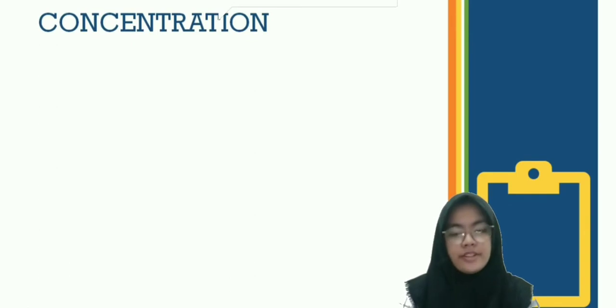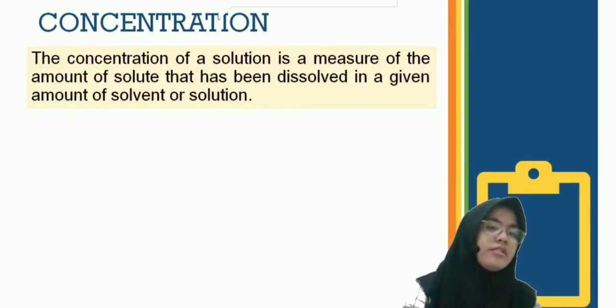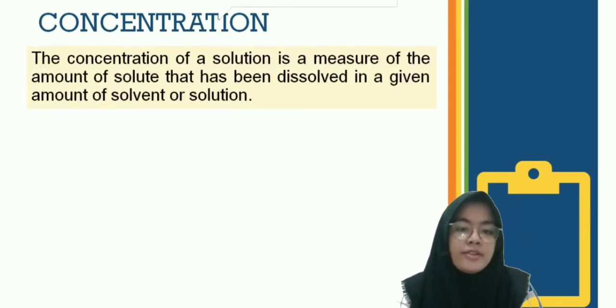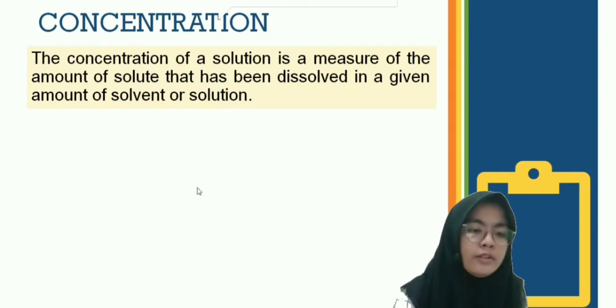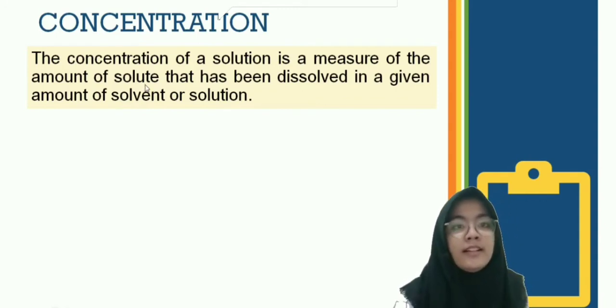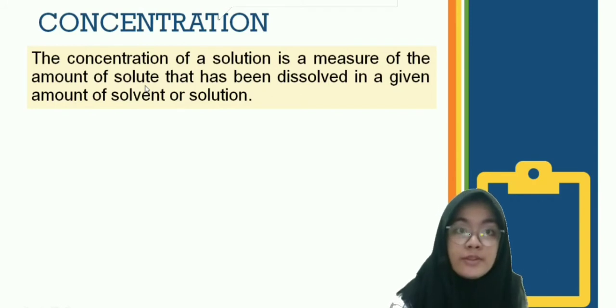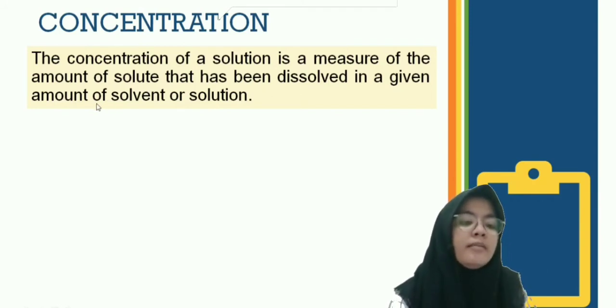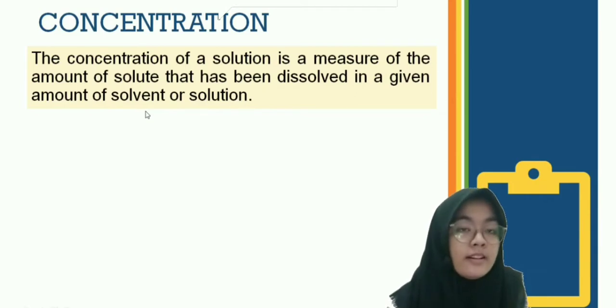Next, concentration. The concentration of a solution is a measure of the amount of solute that has been dissolved in a given amount of solvent or solution. With the last example, the amount of solute is the amount of the sugar, and the amount of the solvent is the amount of the water.